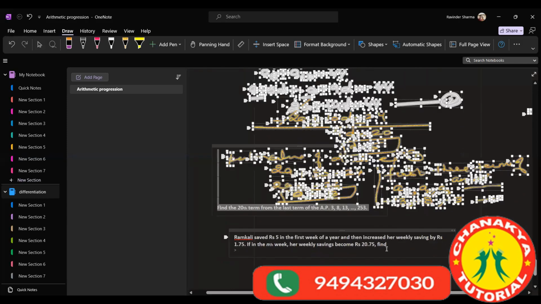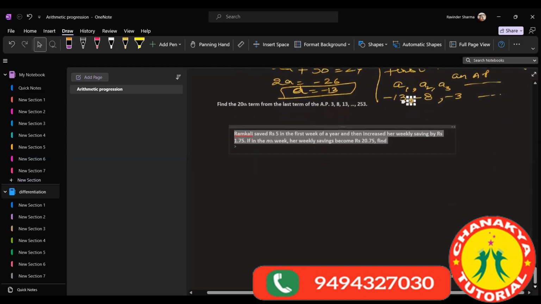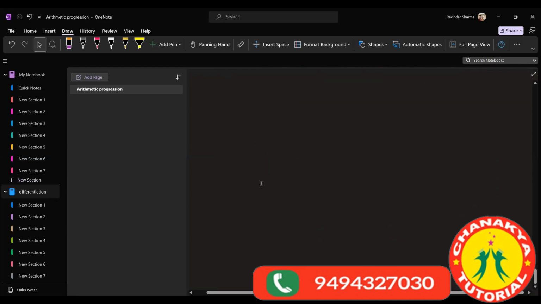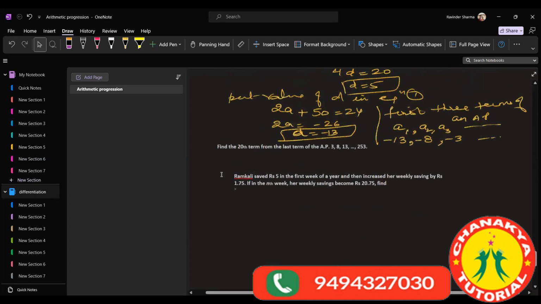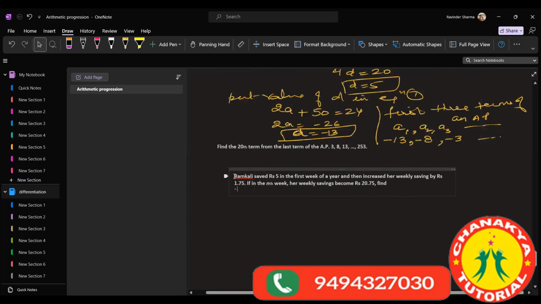See, now the next question is, find the 20th term from the last of an AP.